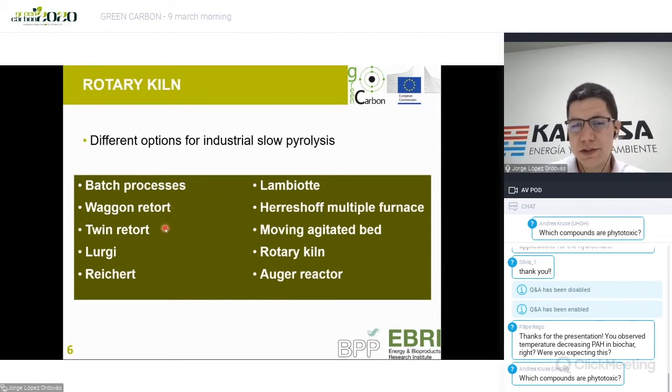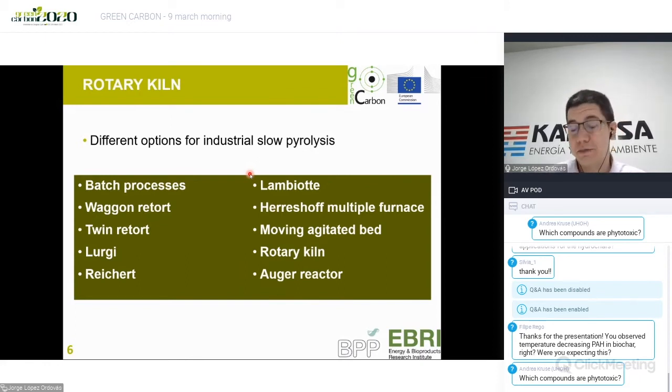And then we had the other technologies which were totally continuous. They were fed and the product was discharged totally continuous, not by batches. So they were Lurgy, Reichert, and Lambiot that required large particle size. And then there were others like Herzog, moving agitated bed, rotary kiln, and auger reactor.